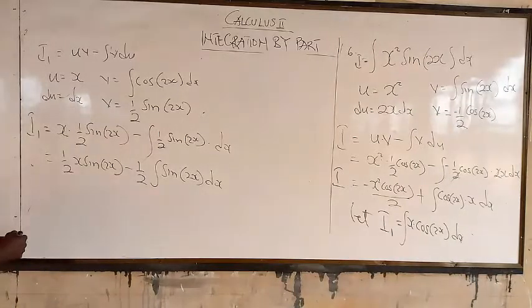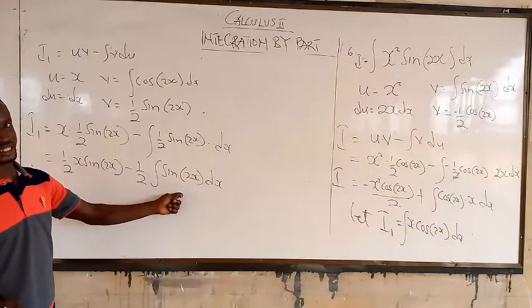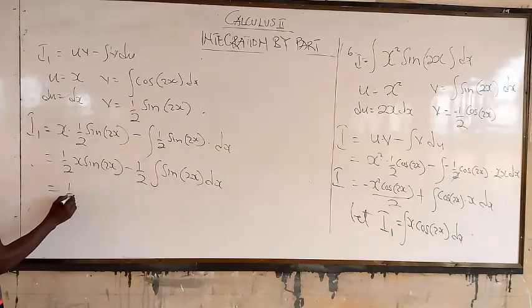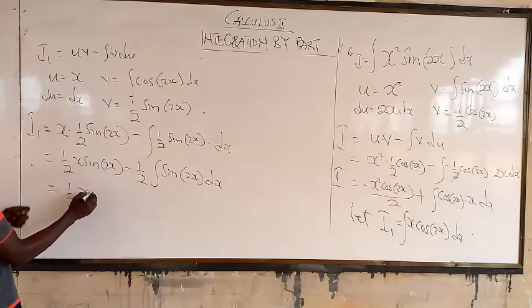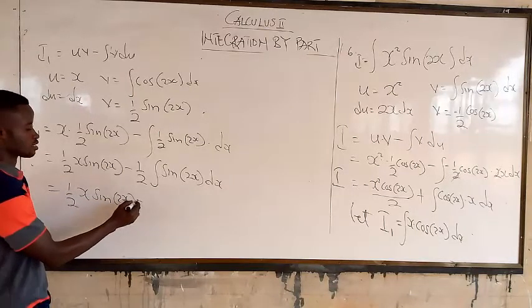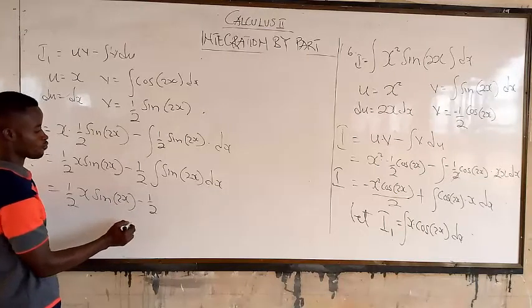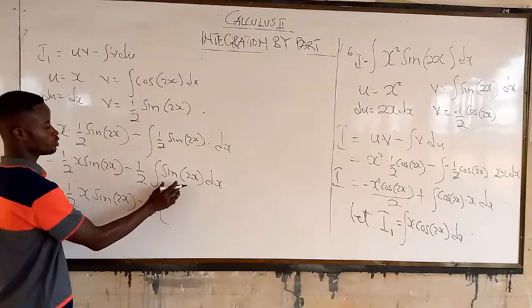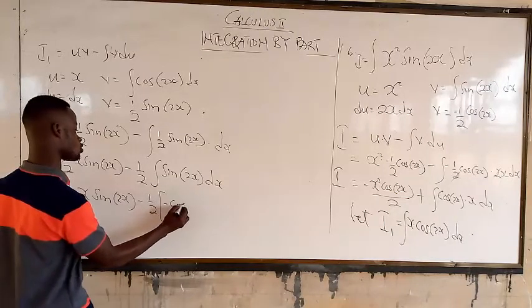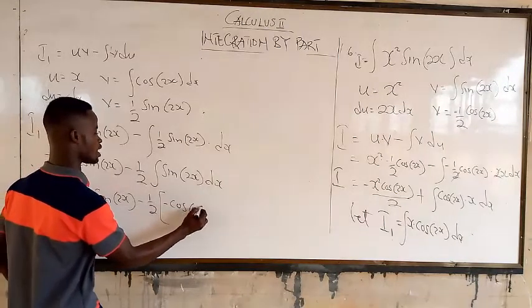Now that you can see that we can just integrate this. This is not by parts anymore. So here is half s sine 2s minus half. When you integrate this, you are going to get negative cos 2s.